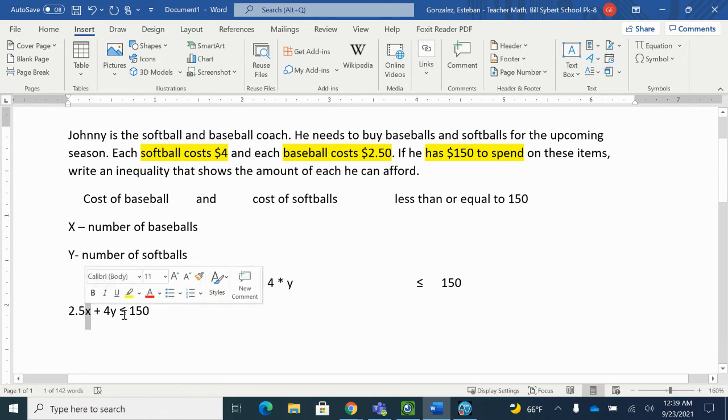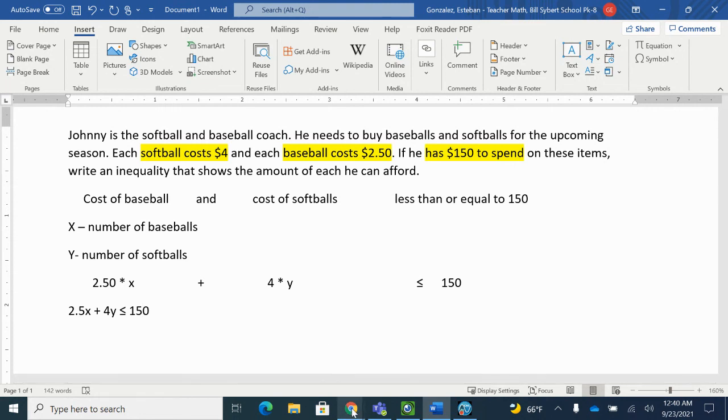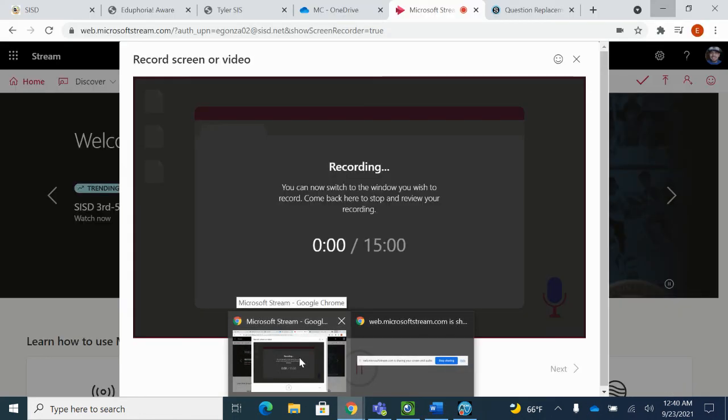The number of softballs times $4 each softball. And I know that everything combined must be less than or equal to 150, because that is what I have to spend. All right. So again, in this problem, they want us to write an inequality. Notice how I'm not sitting here writing the equation first. You have to be able to read carefully.